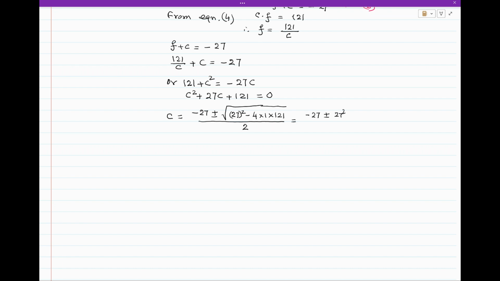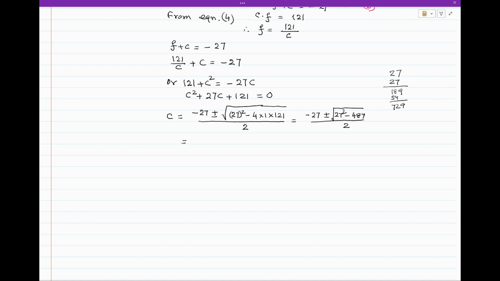Now what is 27 square? 27 multiplied by 27 is 729.